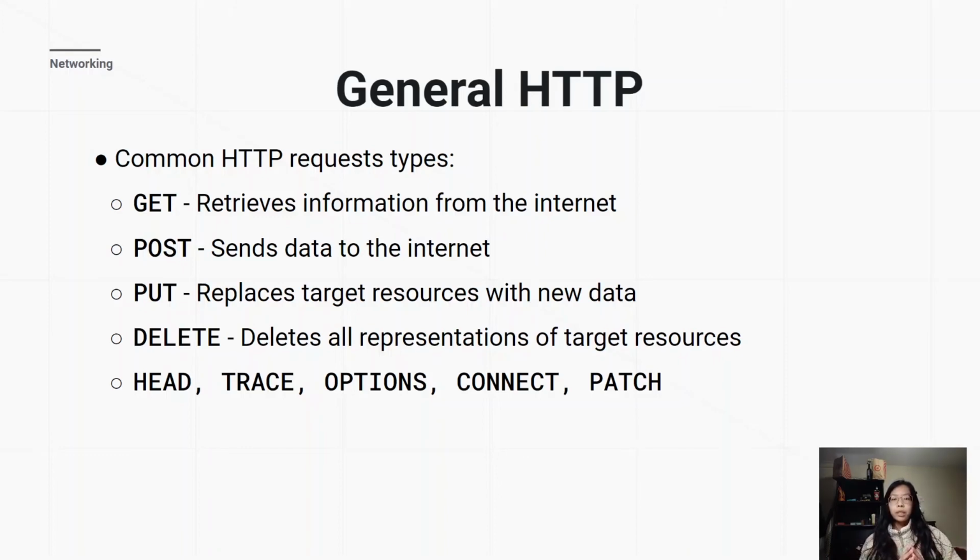This might be where you're saving data before your app closes. Or maybe you want to update data that's on a cloud, you'll be making a POST request. Some of the other HTTP requests you might see are put, delete, head, trace, options, connect, and patch. But generally, you won't be making those unless you're doing some more complex operations on your app.